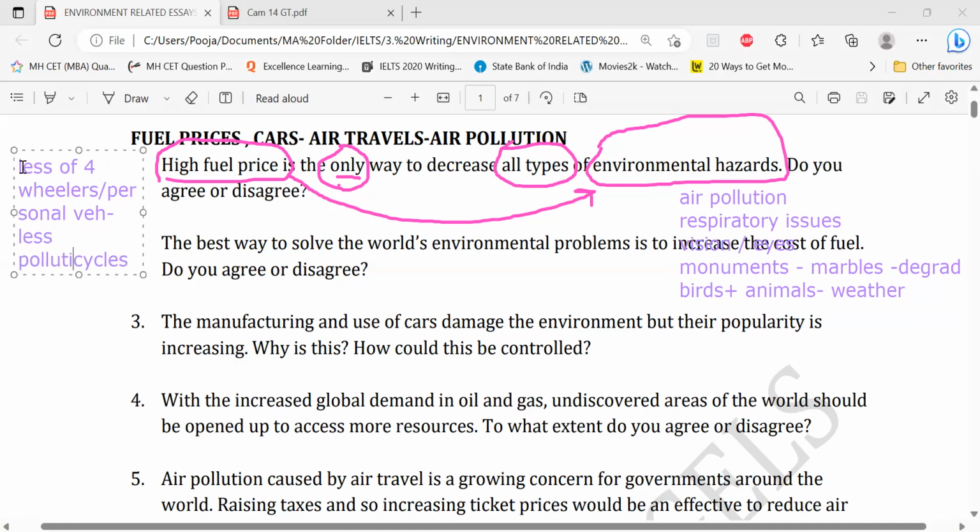Less pollution, cycles, also good for health. Electric scooters or EVs, electric autos. Darshana, you were saying something? Solar. You mean using alternate fuels for vehicles. Alternatives, which could be solar, maybe some sustainable fuel.